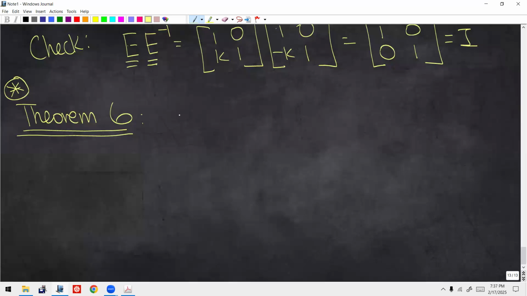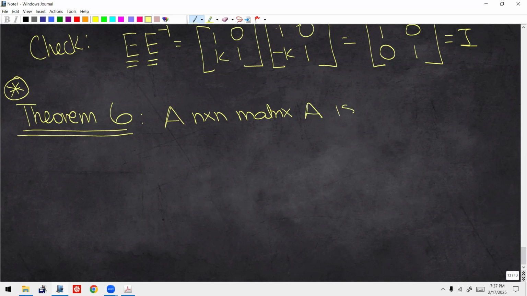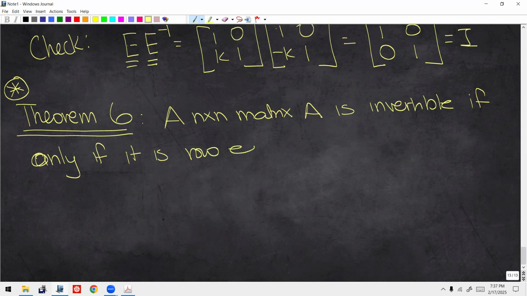We have an n by n matrix A is invertible. That means we can find its inverse if and only if it is row equivalent to I n.